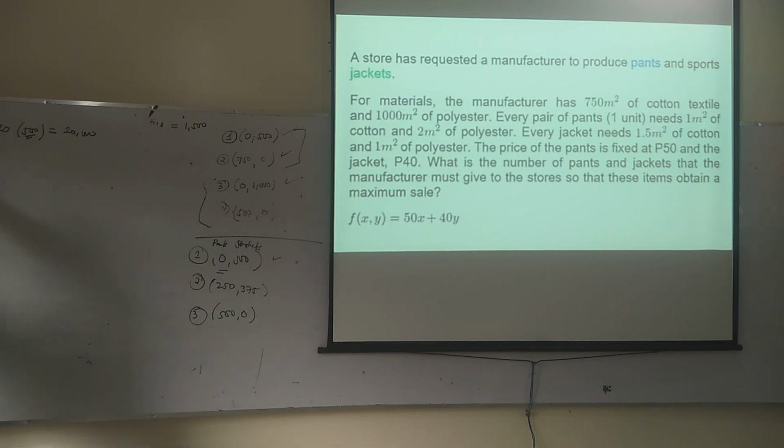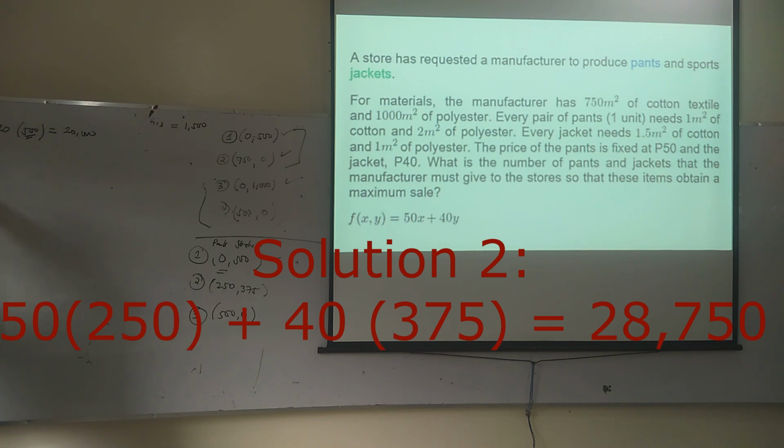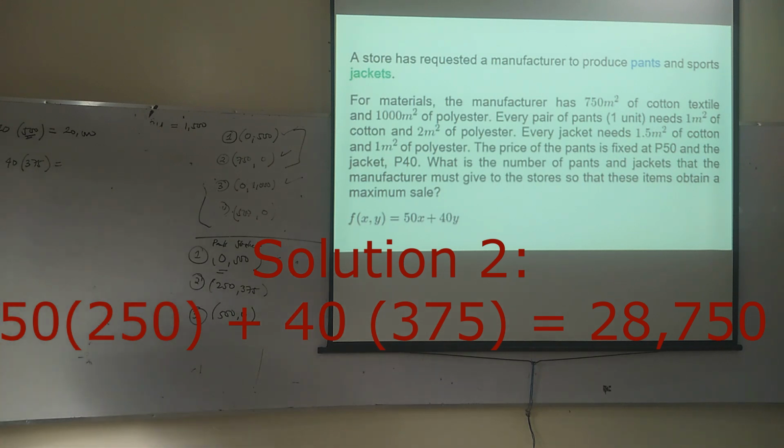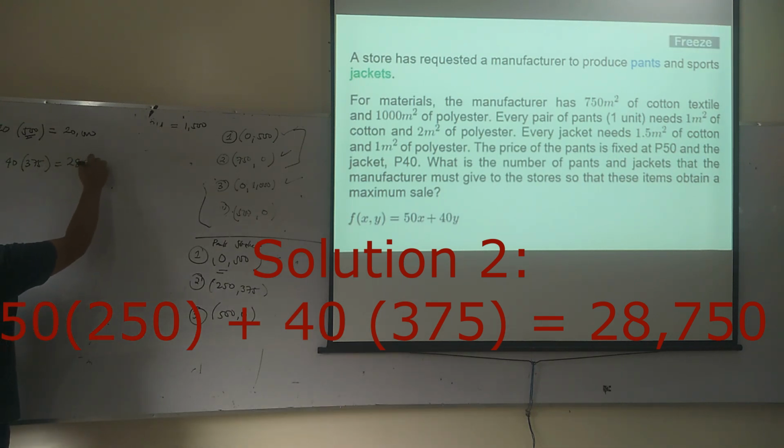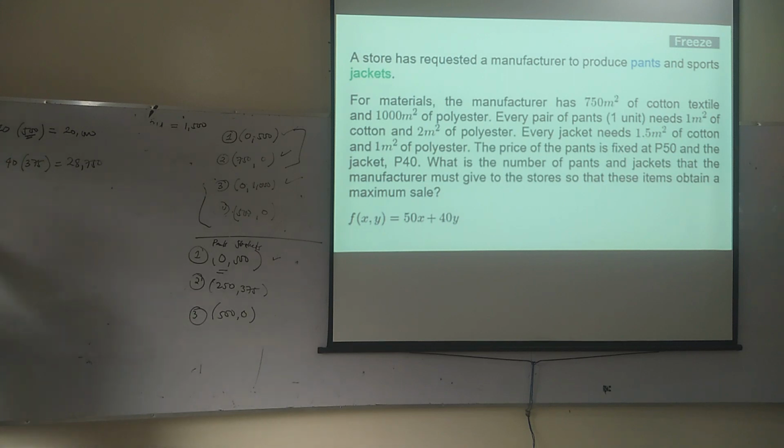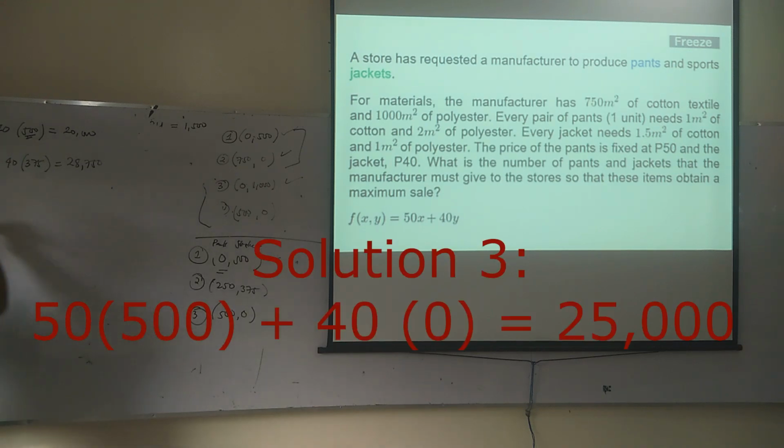For solution 2, we will have 50 times 250 pants plus 40 times 375, 28,750, higher. But let's check number 3, 500. So all our pants plus 0 jacket, this is 25,000.